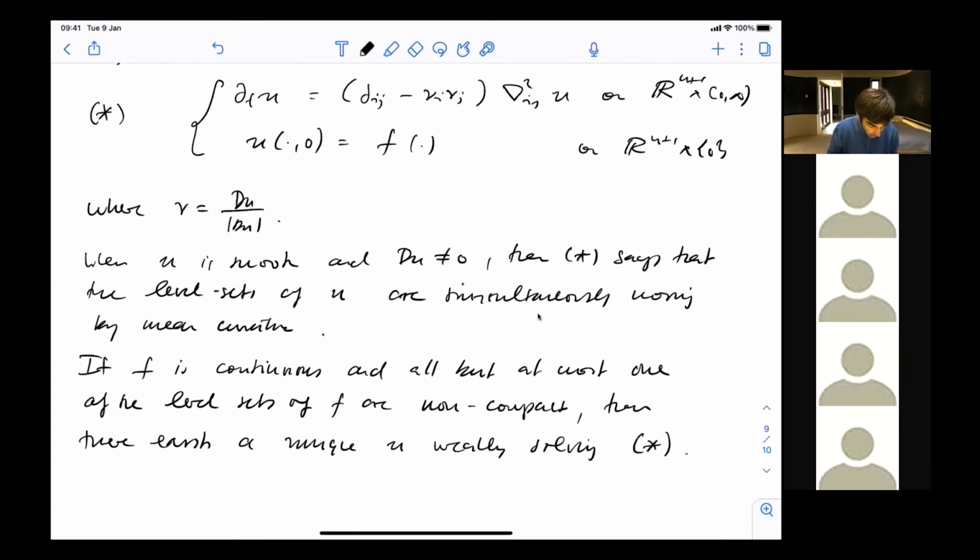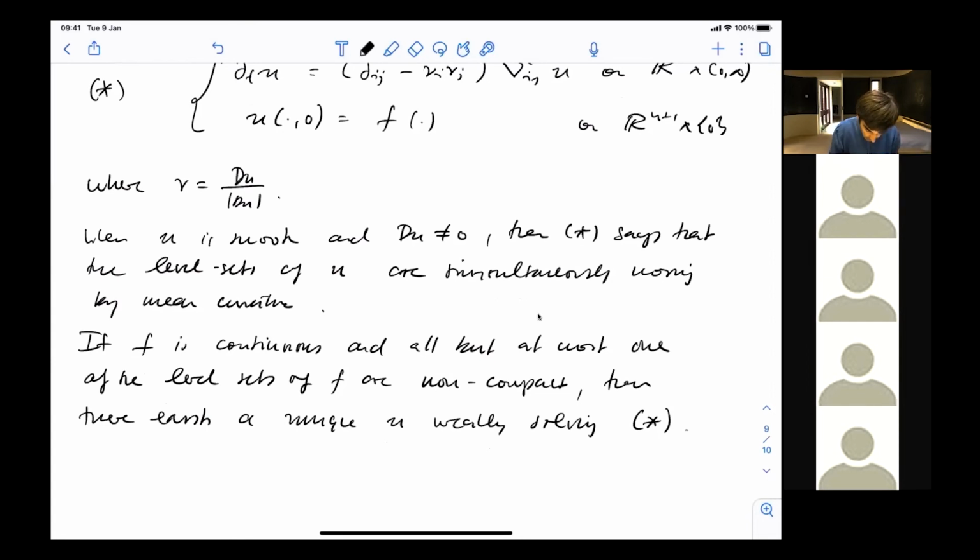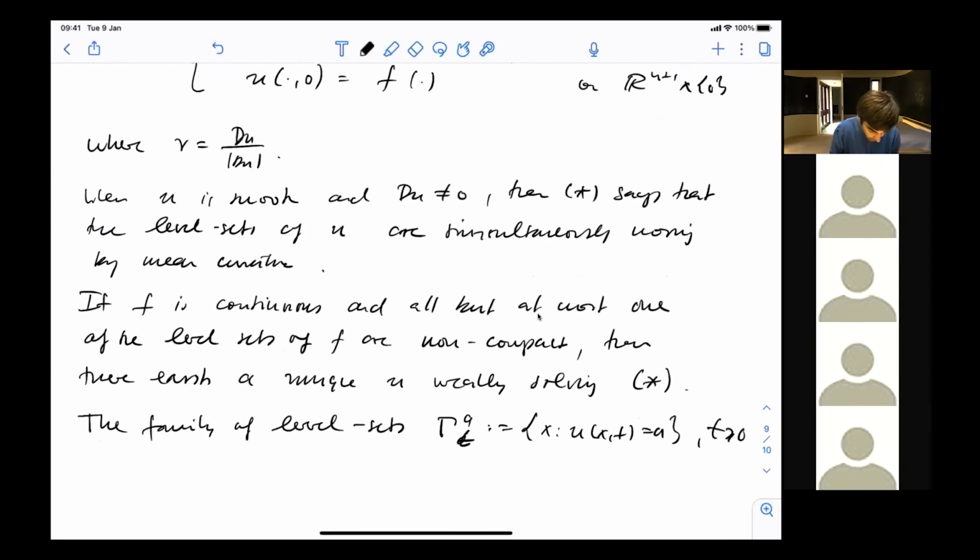I gave the reference where this is. They also show that the family of level sets Gamma_a, the set of x such that u(x,t) equals a, for t positive, is unique. They show it does not depend on what function f I used initially, and it is called the level set flow.